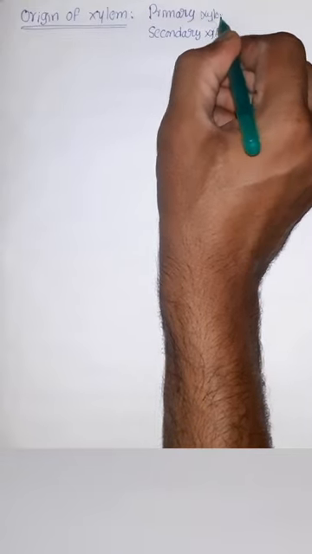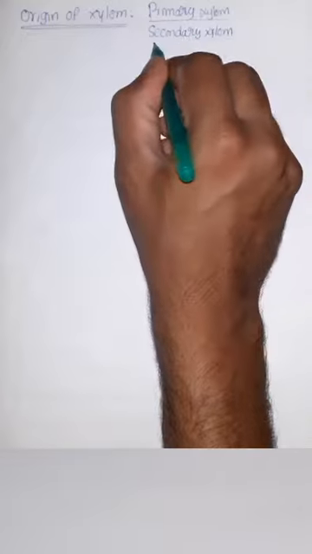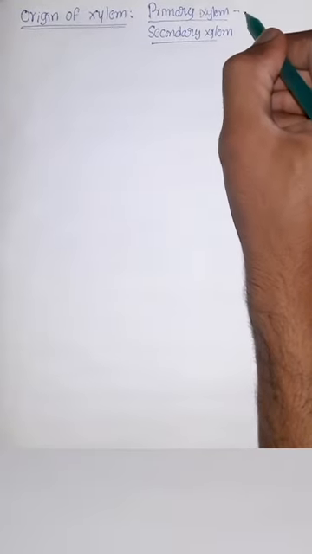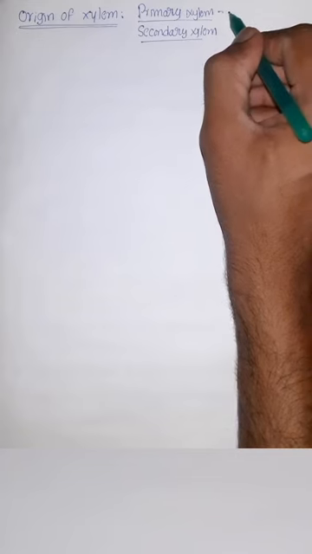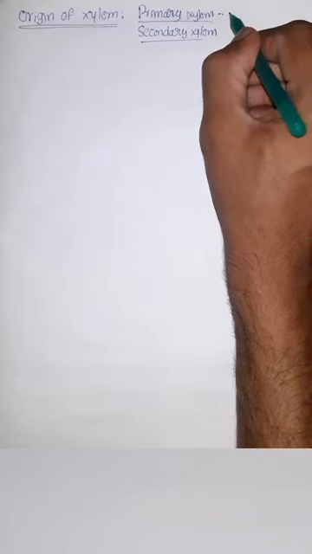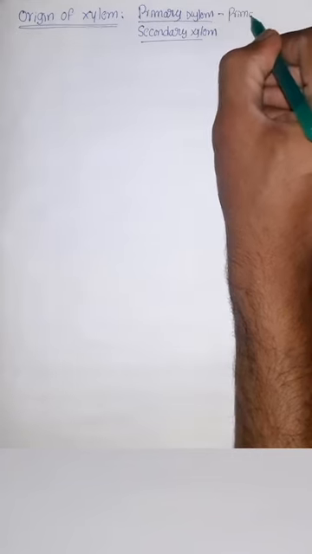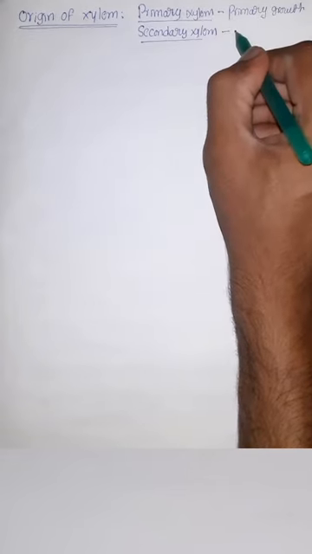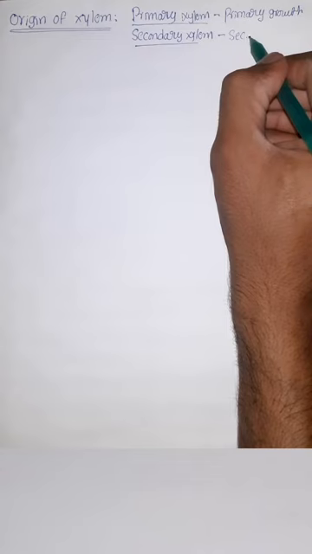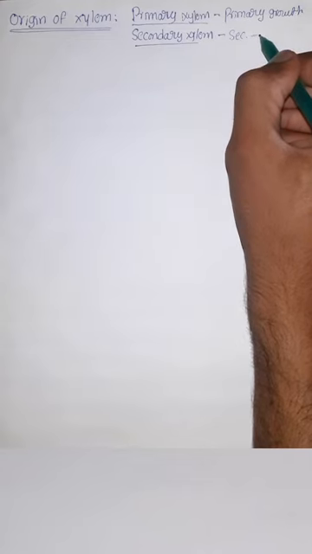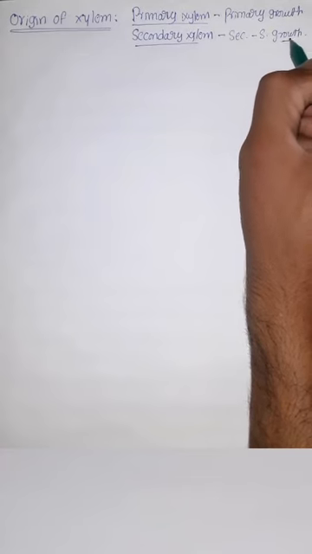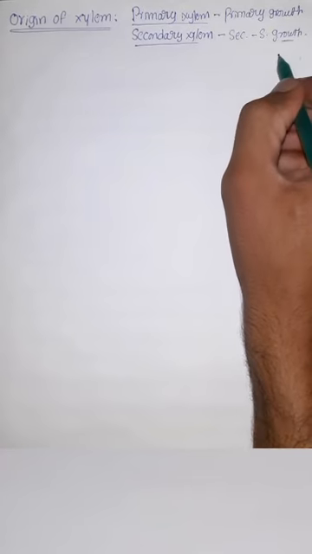Primary xylem is the first formed xylem, which occurs in primary growth of plants. Whereas secondary xylem is secondarily formed xylem, which is found during or after secondary growth of plants.